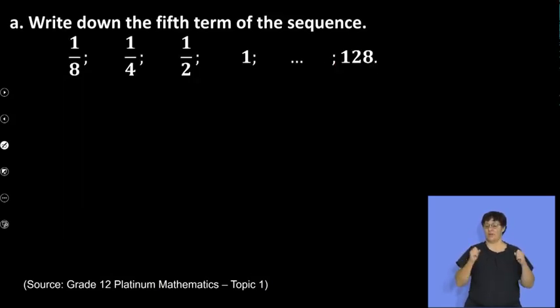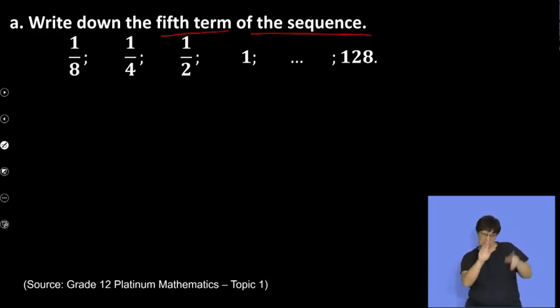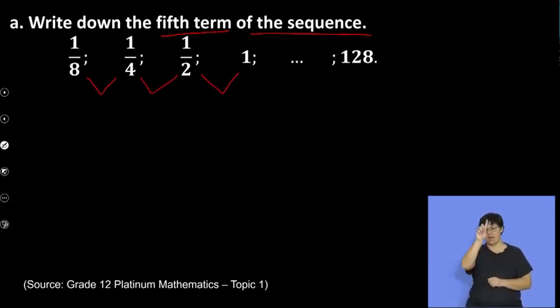Great, guys. So let's start with A. A is asking us to write down the fifth term of the sequence. So we're going to be thinking about certain strategies with patterns in order to see what type of pattern this is. If we're looking between the terms of an eighth, a quarter, a half, 1, I'm sure that everyone will agree with me that there isn't a common difference.